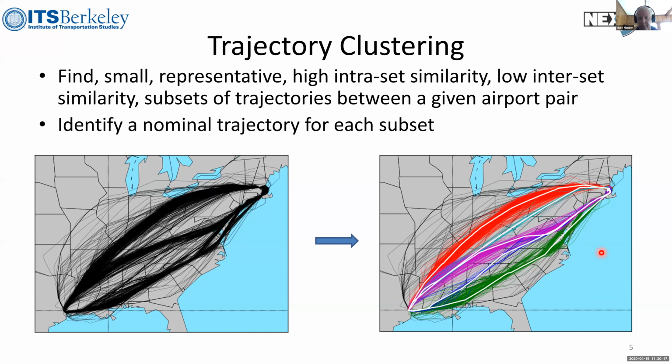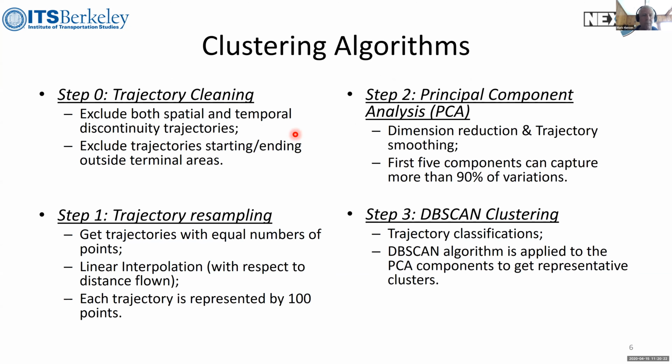So the first part of this is just a quick overview of how we make that transition that you saw on the previous slide. There are established ways of doing this. The first is to clean the data, look for trajectories which show discontinuities, for example, and exclude those.